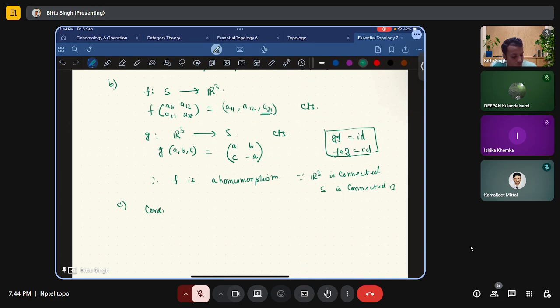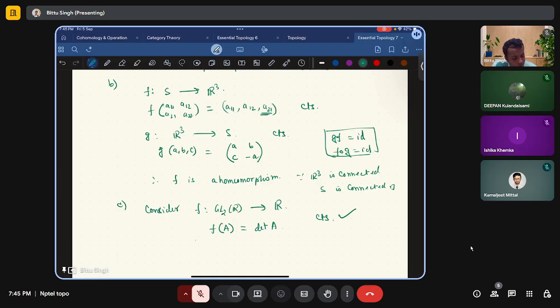Consider this function f from GL2R to the real numbers. F evaluated on a matrix A is defined by the determinant of A. So this is a continuous function. Again, the determinant of A is nothing but a polynomial of its entries. Therefore, this function is continuous. Every polynomial is a continuous function.